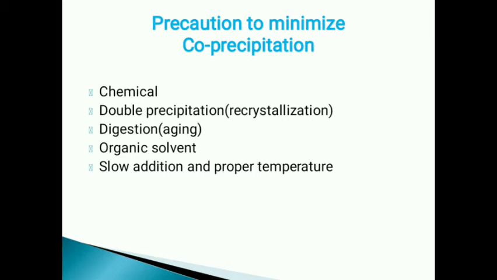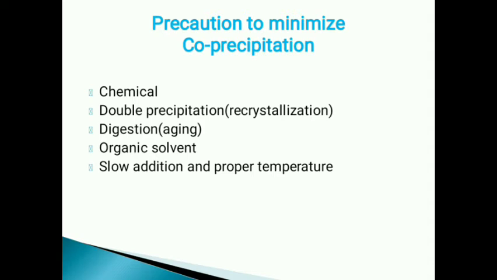Directly it minimizes the co-precipitation. Second is double precipitation, that is nothing but recrystallization. Once our precipitate is generated, it is dissolved in a suitable solvent, and again its crystals are generated. That process you have done a lot of times from FY BSc for the purification of compounds.